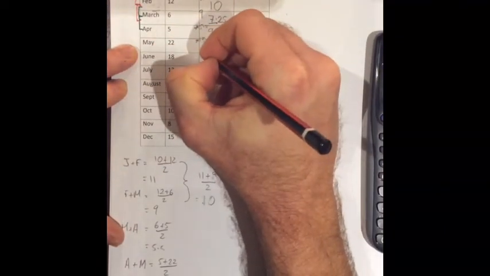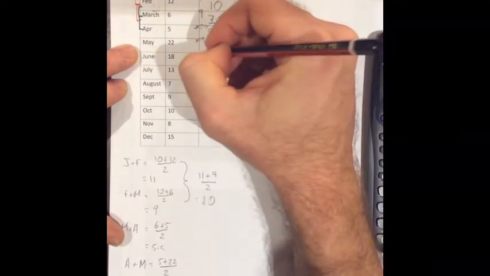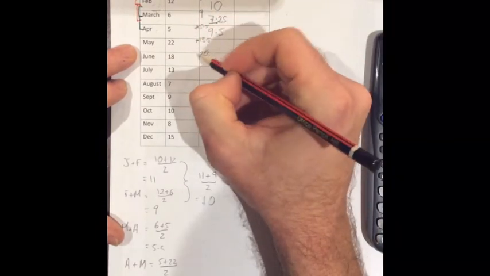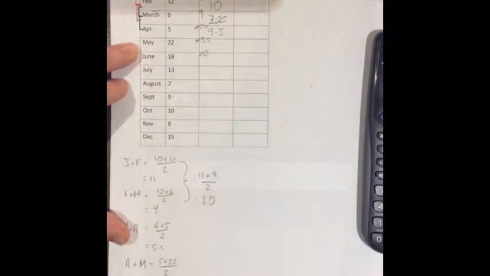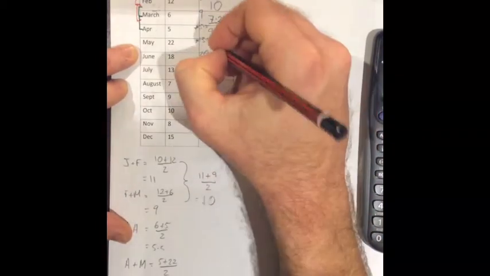The May, June value is 20. And add those two together, 13.5 plus 20 is 33.5, divide that by 2 is 16.75.